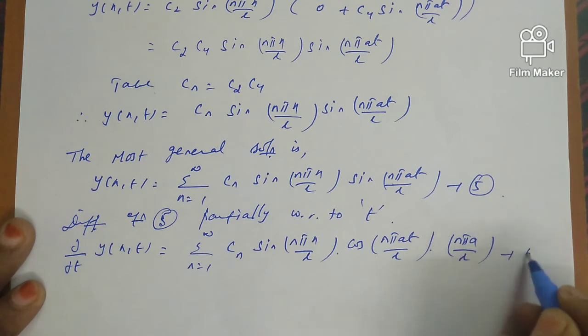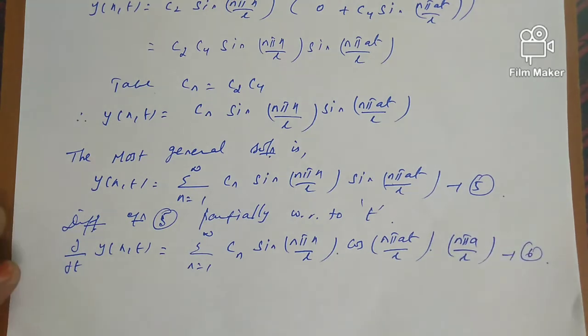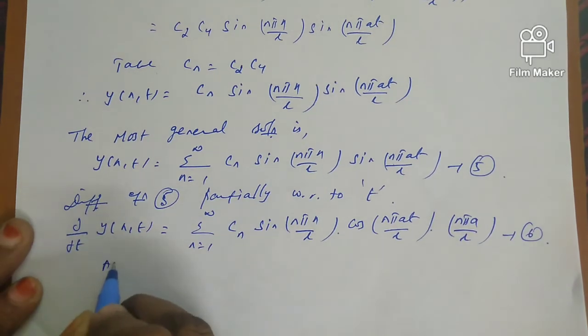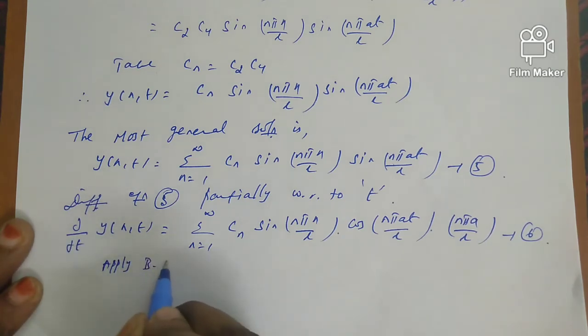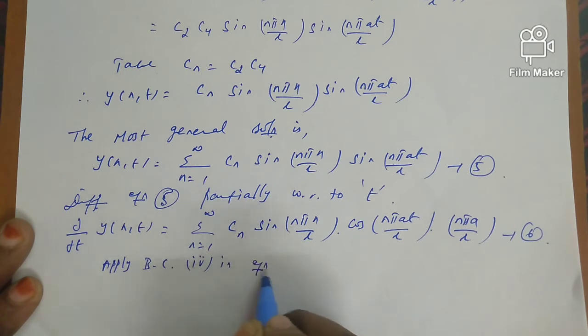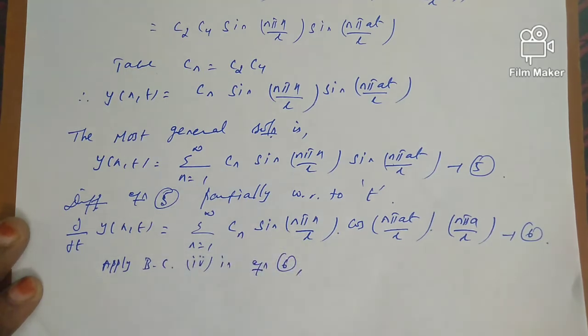We can call this equation 6. So now we can apply boundary condition 4 because it is in the form of dou by dou t. So apply boundary condition 4 in equation 6.